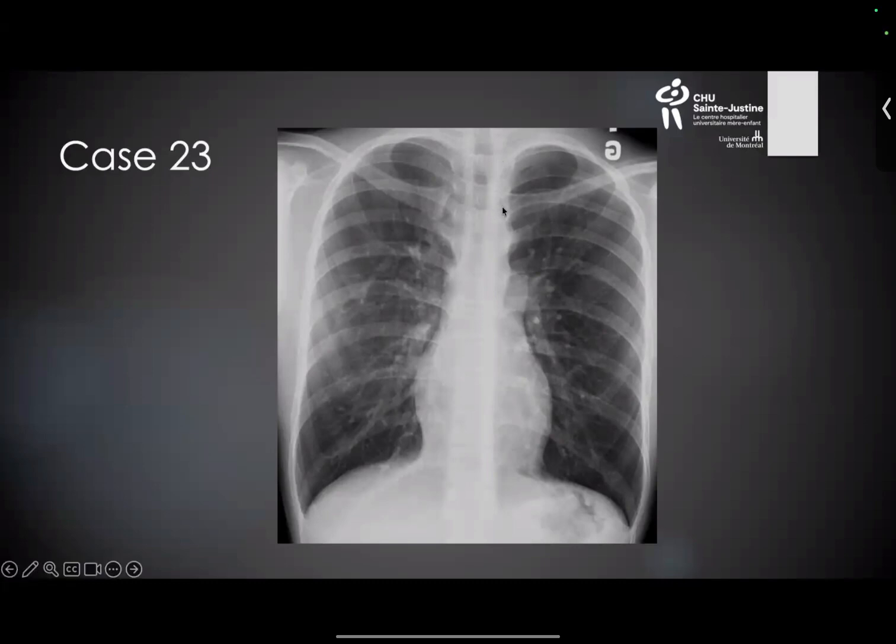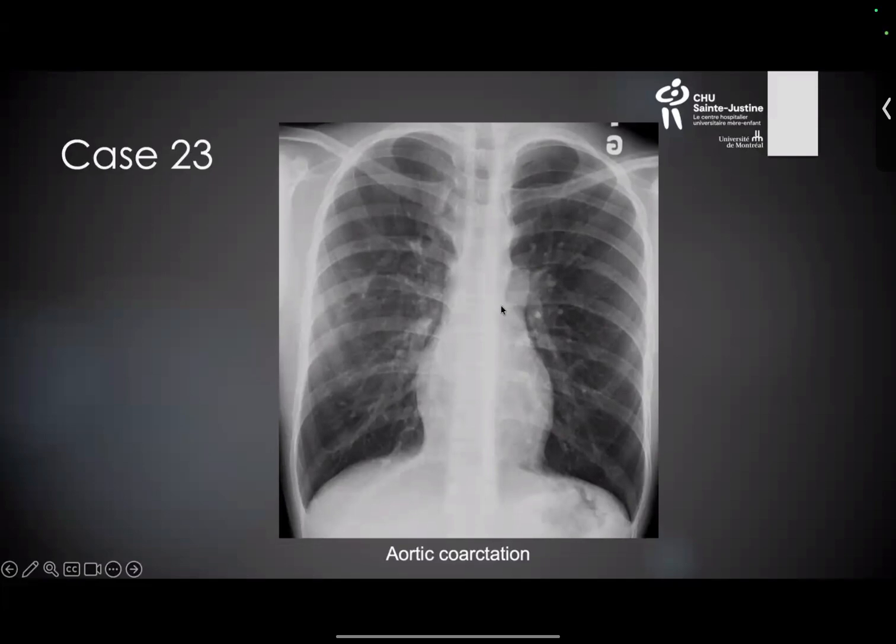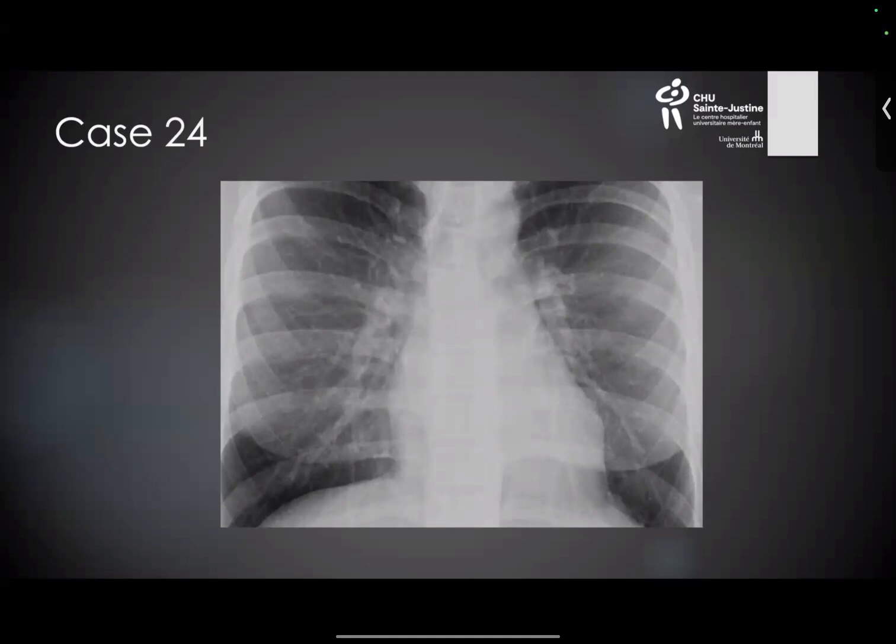What you see here is that little bump, which looks like the number 3, which is an aortic coarctation that you see on the X-ray. It's rare to see them, but sometimes you see that little bump, which looks like a 3.